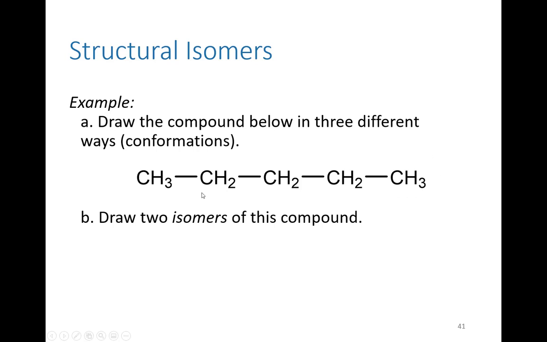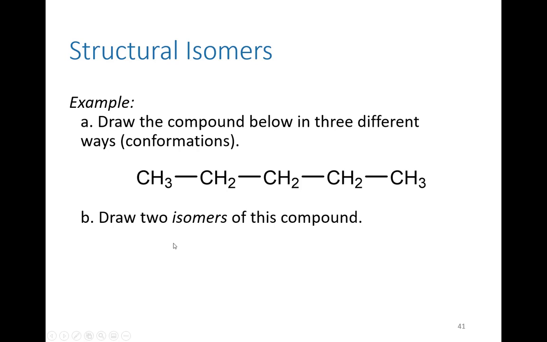Then I would like you to go ahead and draw 2 isomers of this compound. I'm just going to use the word isomers from now on. I'm not going to introduce another kind of isomer for a long time. So in order to make these isomers, remember, it can't have the same connection of bonds. It still has to follow the rules. Carbon still has to be making 4 bonds total, but it can't be this exact same pattern.